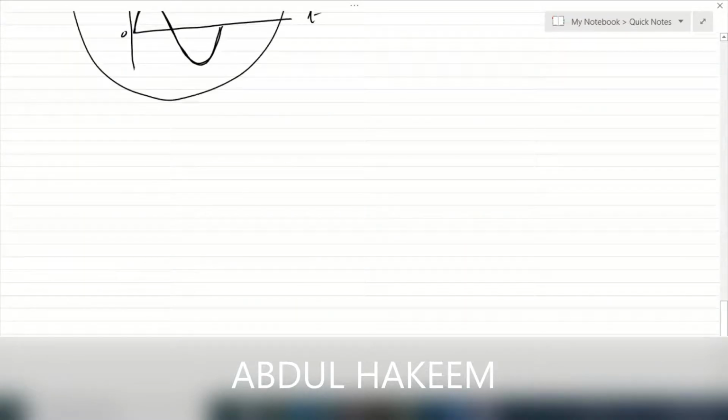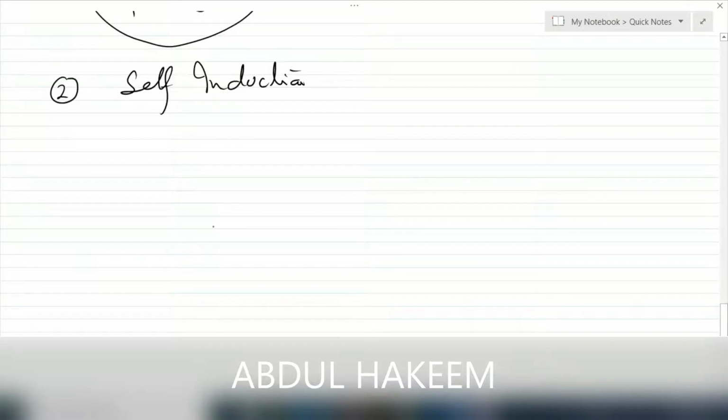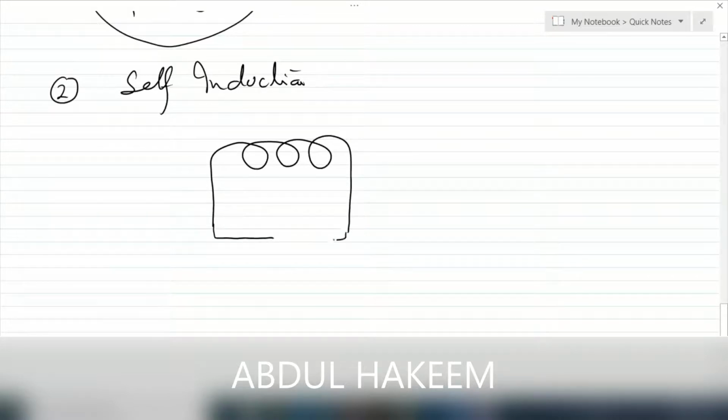Now, the next is self-induction. Suppose this is the coil. It is connected with alternating current, and the magnetic field is around it.